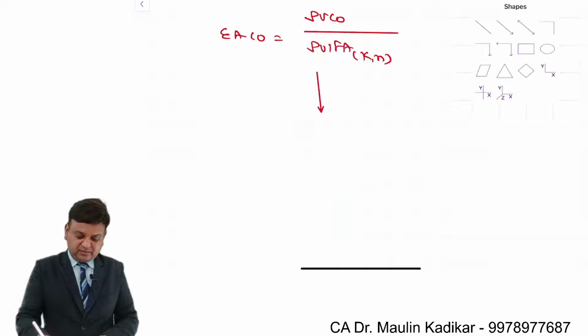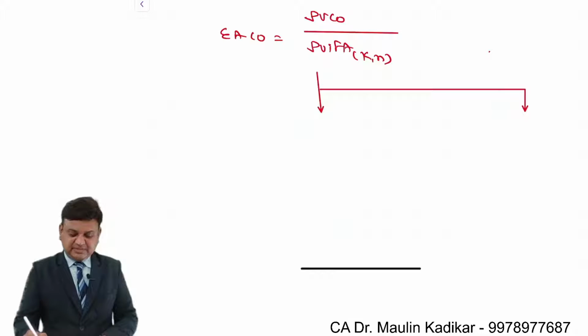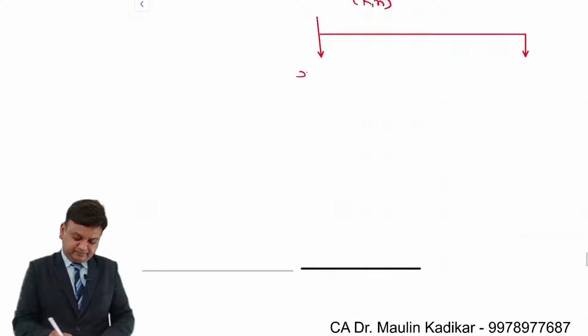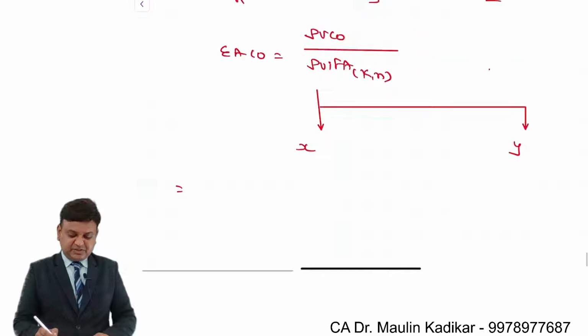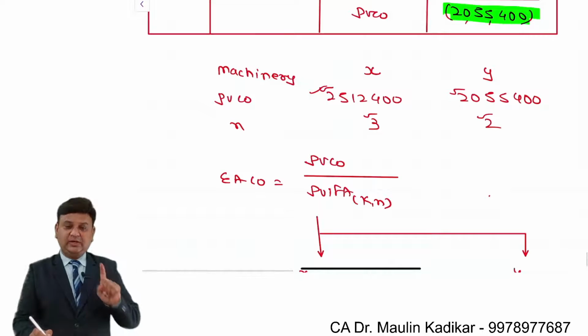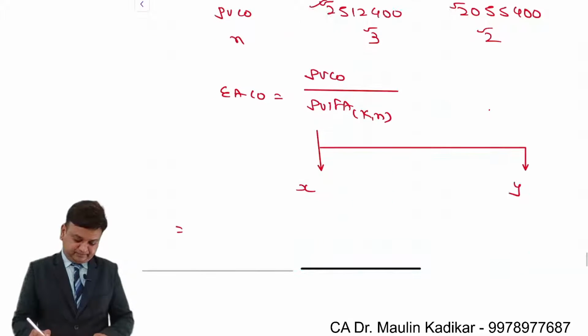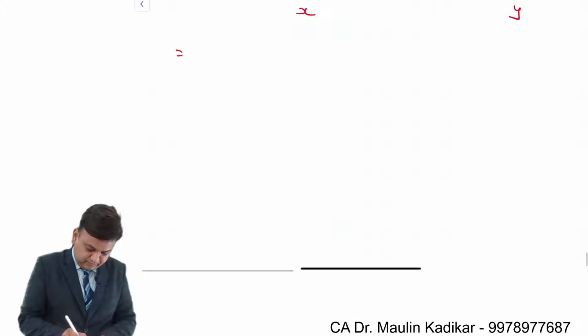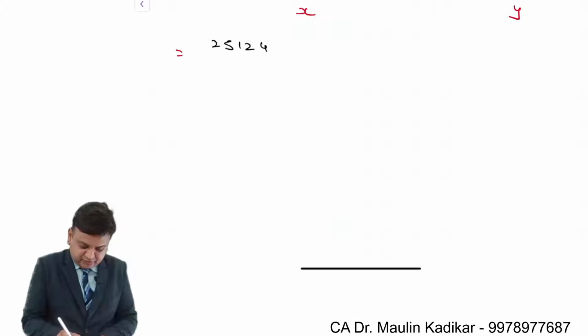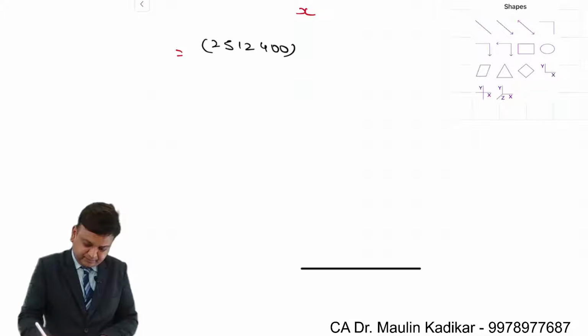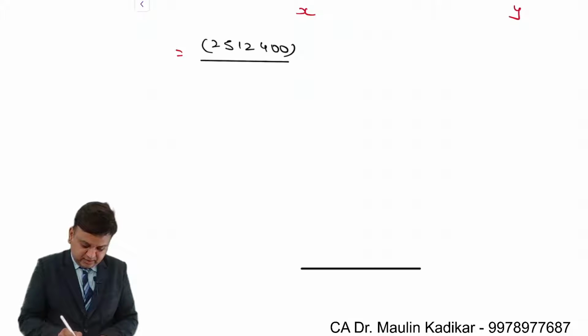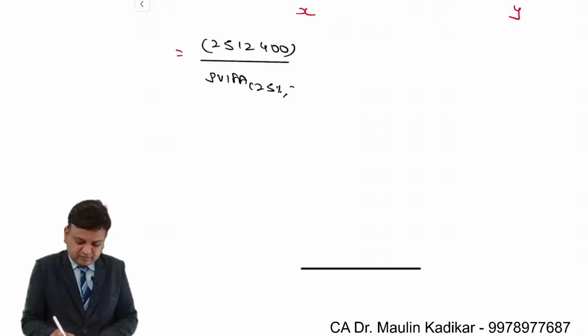This can be done for machinery X and machinery Y. As far as machinery X is concerned, it is 25,12,400 divided by PVIFA at the rate of 9% for 3 years.